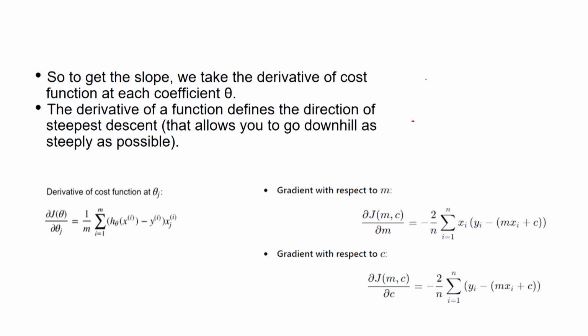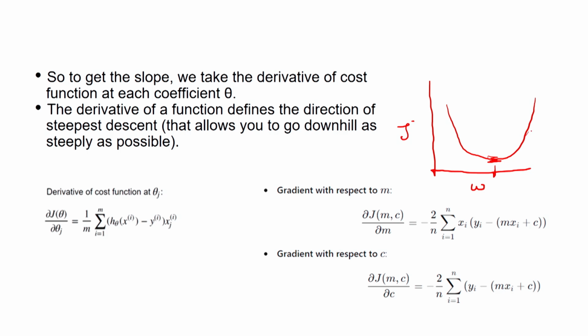Generally, we have seen that if these are the parameters of the model and this is the cost function, we get this type of parabola. Here our objective is to find those values of parameters such that the cost function is minimum.